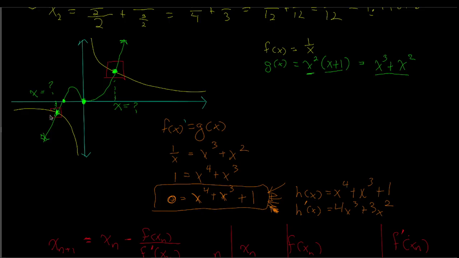I'll leave it as an exercise to the viewer to find the one here. My guess for here would probably start with -2 or smaller, because that would put you on this side of the function, and you would work your way back to here, because we know this point is on this side of it.